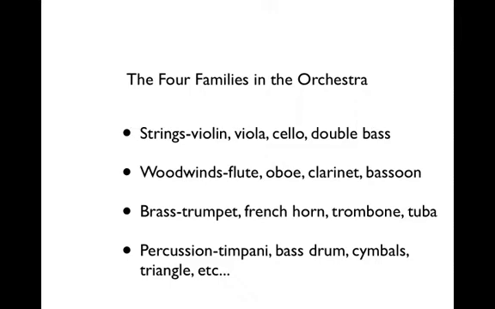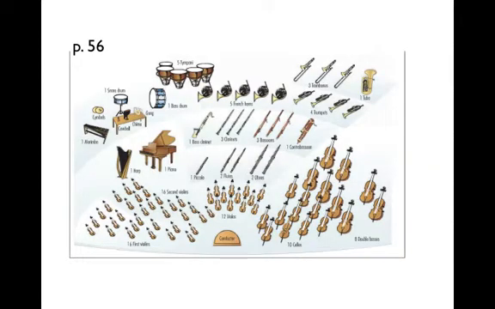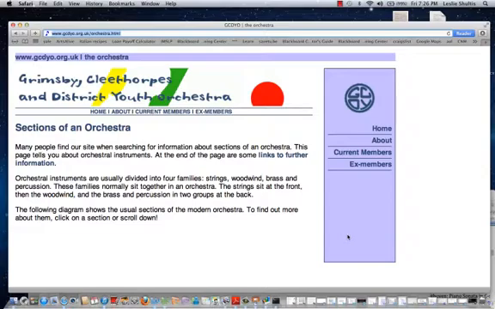Here on page 56, it shows you the layout of the symphony. Now, this really can vary, so I'm going to show you a website you might be interested in that explains this with a little more detail. This comes from a youth orchestra in the United Kingdom somewhere.